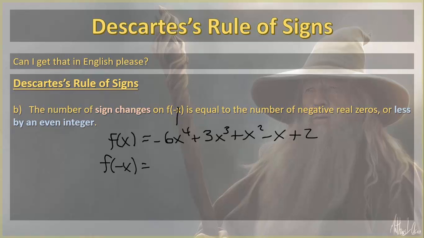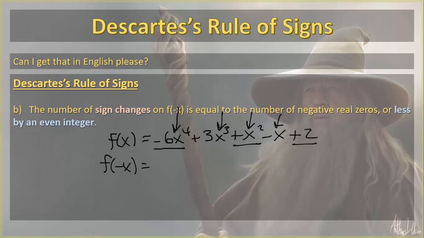well, that means you're going to plug a negative x in to each of these x's. And it should be fairly obvious to you that if you take a negative and you raise it to an even power, it does not change. It turns positive. So what that means is that this will not change, this will not change, and obviously this will not change.